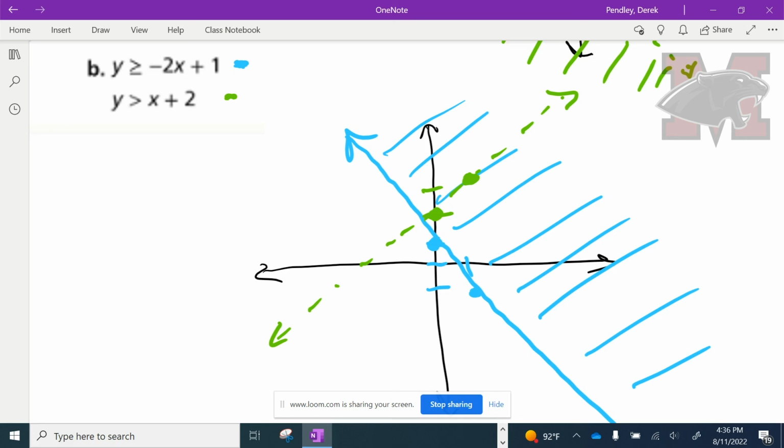It's not going to make it a true statement. So again, let's choose the origin. Is 0 greater than 2? No, that's a false statement. So then the other side of the line must be true. So then I'm going to shade the other side of the line.